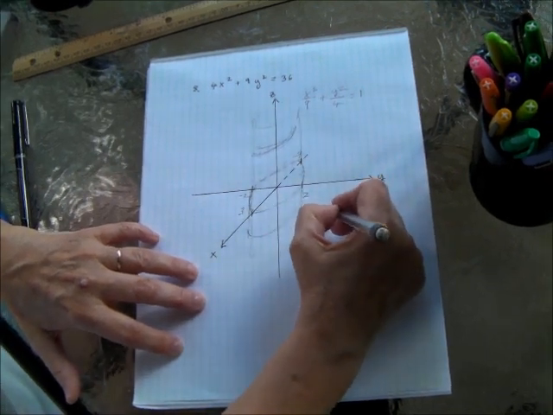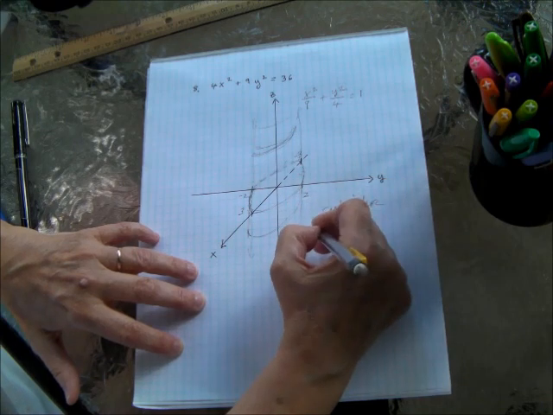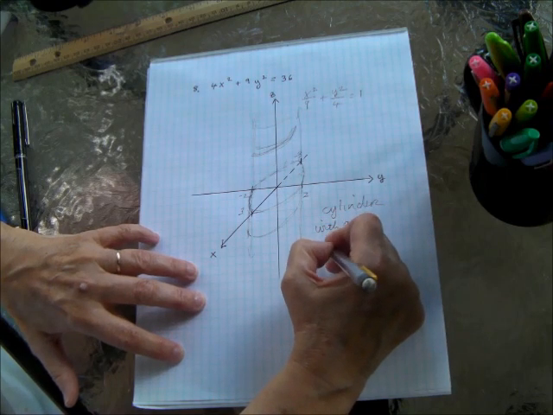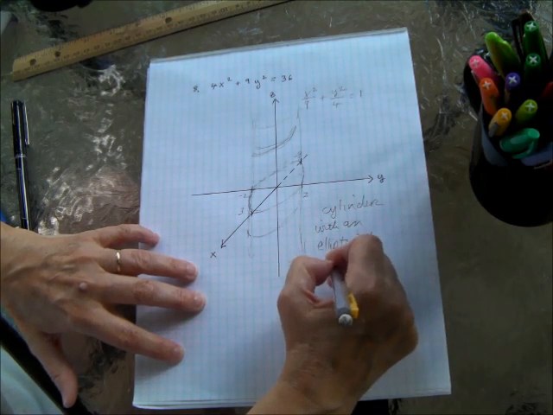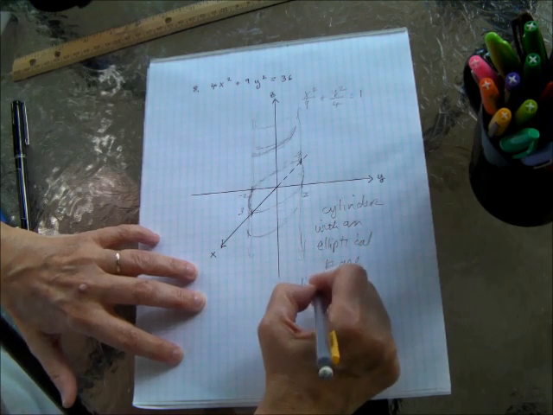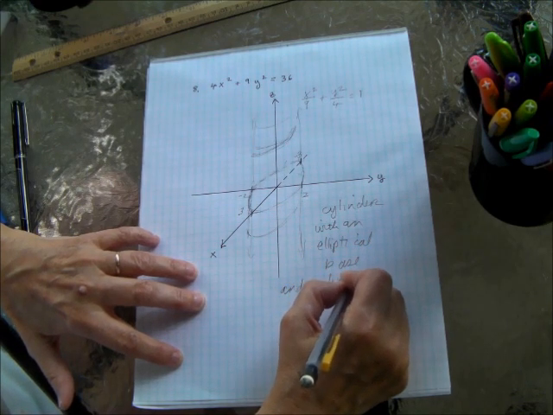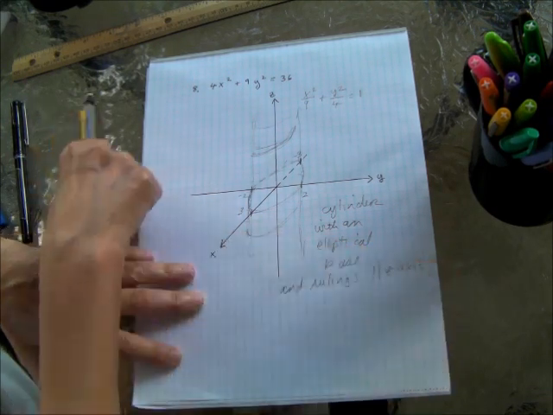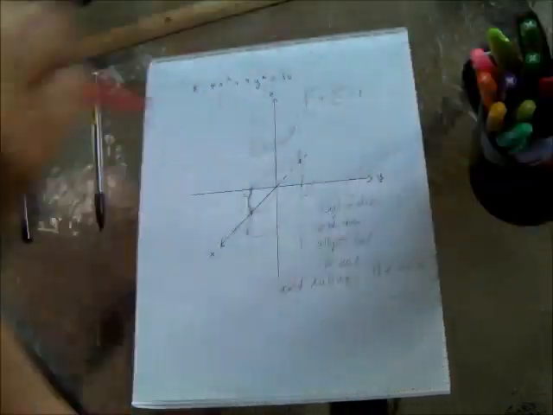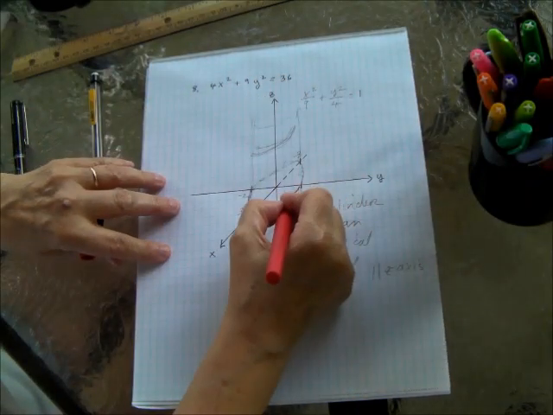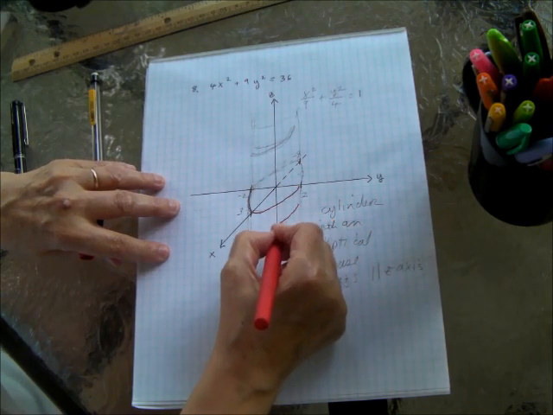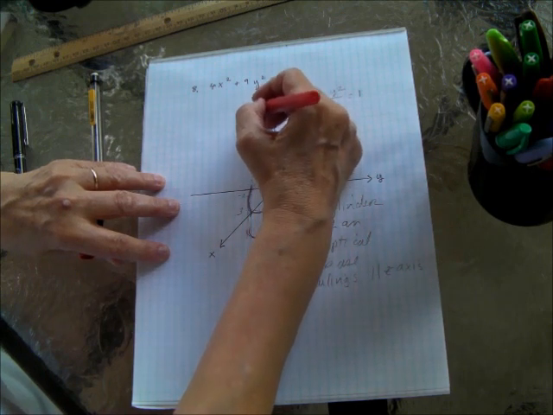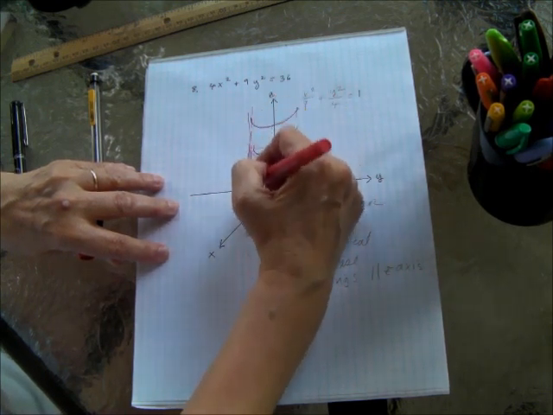So again, this is a cylinder with an elliptical base and rulings, again, parallel to the z-axis. And if I were going to hand this in for a grade, I would pretty it up a little bit. You know, draw it nice.